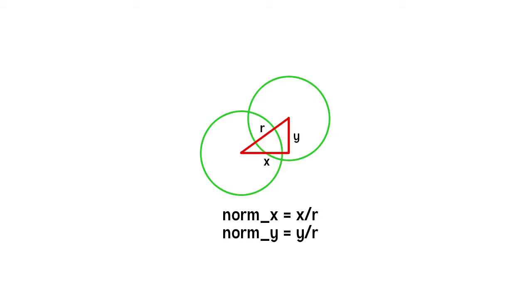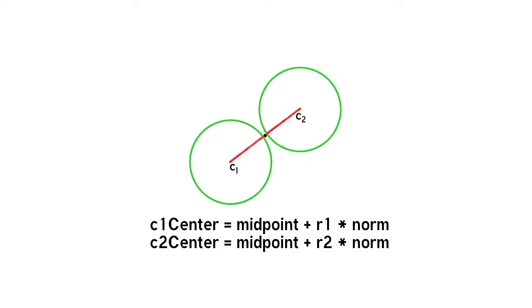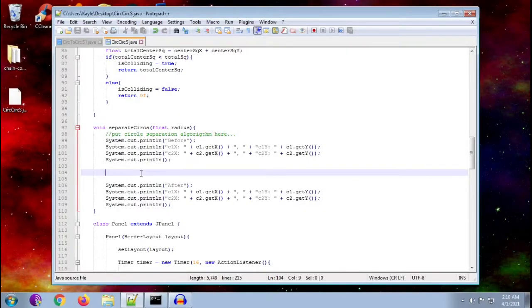Then normalize the radius in between centers and use the normalized values to realign our circle's center along the midpoint by adjusting the distance of circle's radii to the midpoint. So first, we need to get the midpoint or the center point of the radius of the right triangle in between centers.